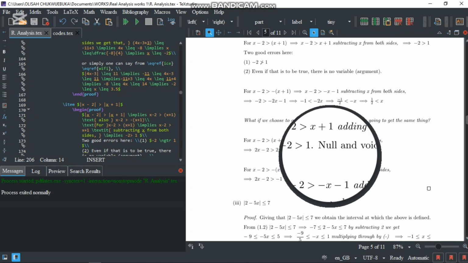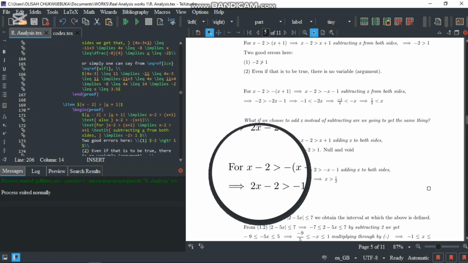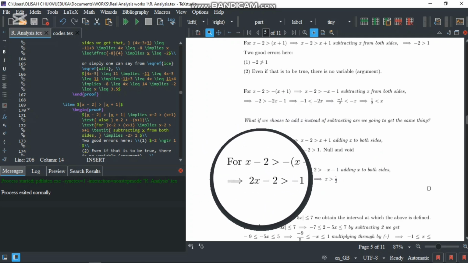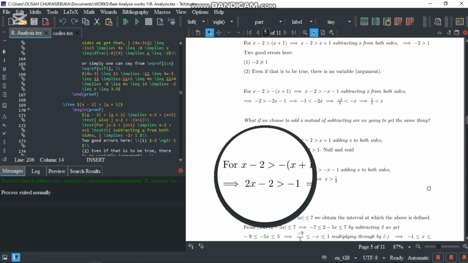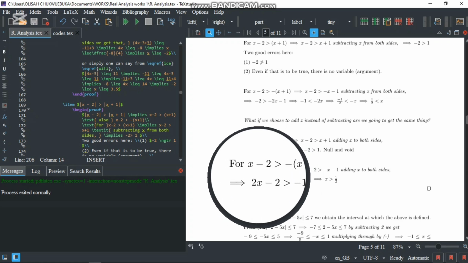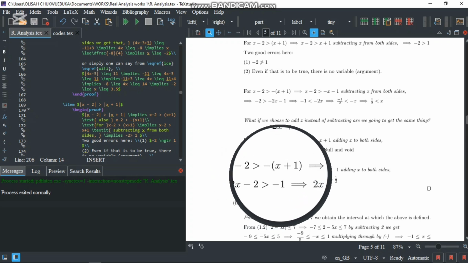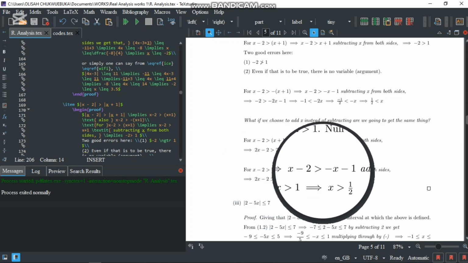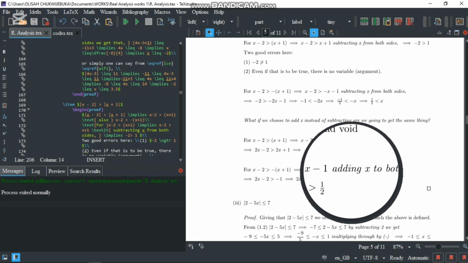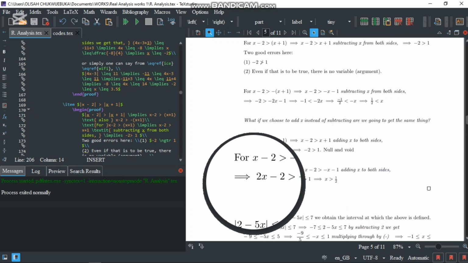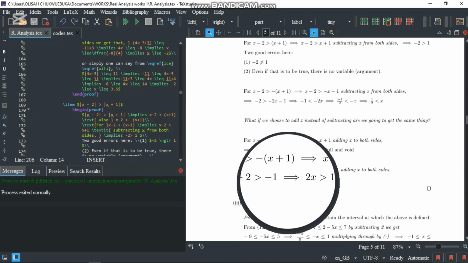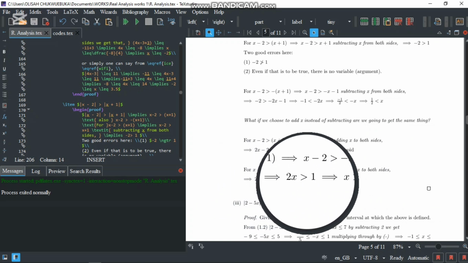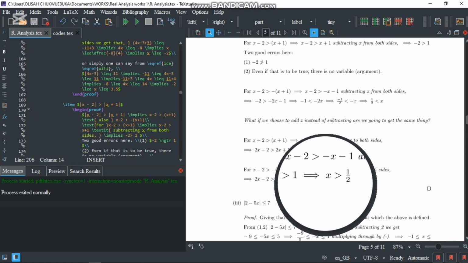For x minus 2 greater than negative x plus 1, adding x to both sides, we have 2x minus 2 is greater than 1, which implies that 2x is greater than 3, which implies that x is greater than 3/2.